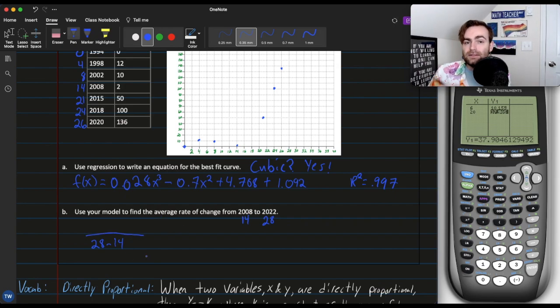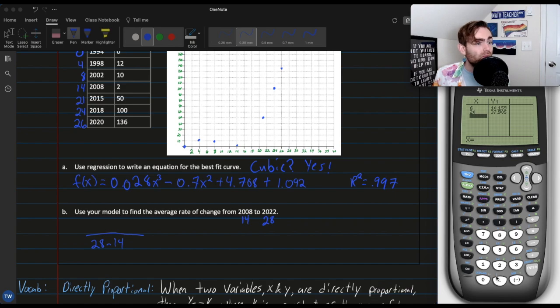Now, here's where things get a little bit fishy. Most of the time, if you're asked a question like this, I would assume that you wouldn't have the data. But we do have the data for 2008, and it was 2. What does our function tell us happened there? So that was 14. So at 14, we're expecting to see 2, and we get 6.2, essentially.